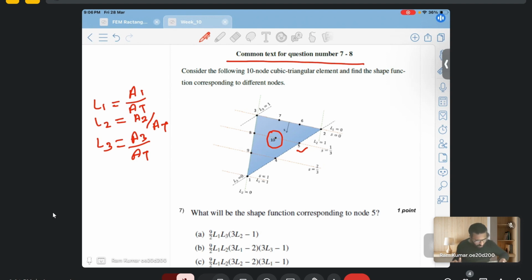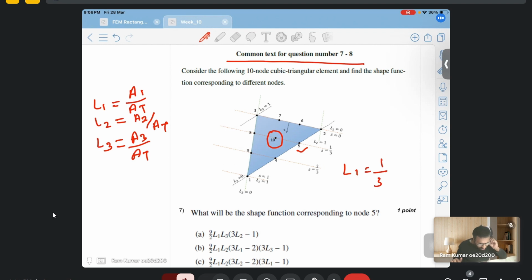And one more thing we have to remember for node 5. What will be L1, L2, L3? L1 will be 1 by 3 in this case. Because L1 is 1 at node 1, and L1 at node 2 is 0.